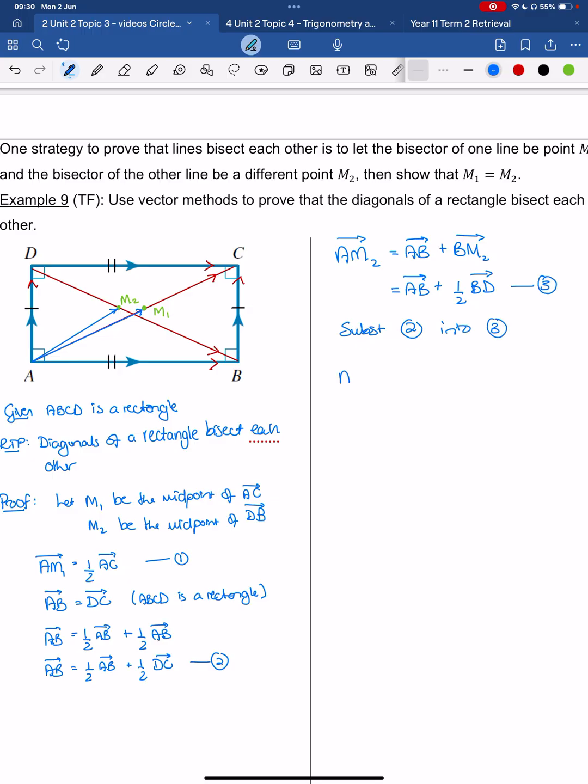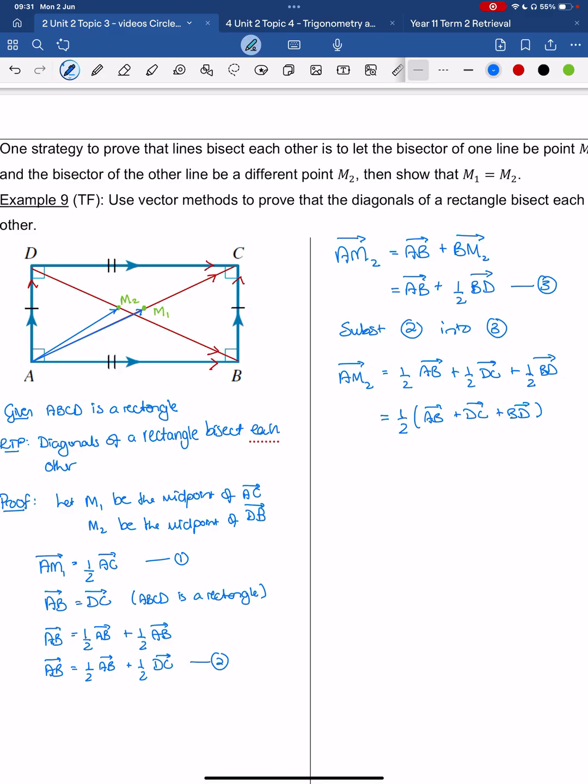So I've got that AM2 is going to be half AB plus half DC plus half BD. All right. And that's going to be, I can take out the halves, AB plus DC plus BD. And where am I going with this?